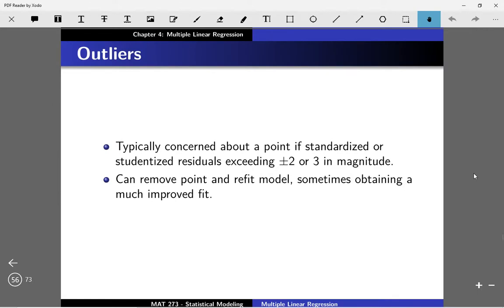And again, if you have a point that's potentially concerning as an outlier, we can just try removing that and refitting our model. Sometimes that'll drastically change our model, in which case it was potentially a good thing to remove it. Other times it might not change the model fit that much at all, in which case maybe we'll just keep it in anyways.